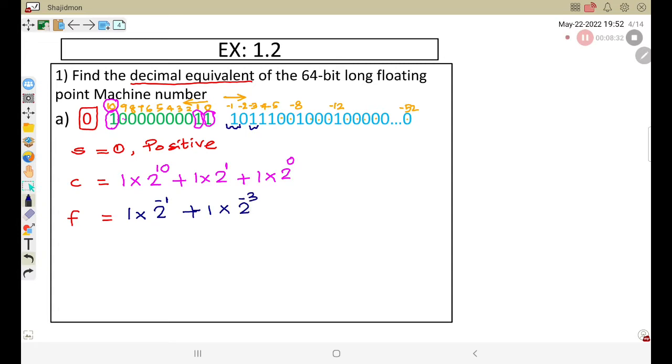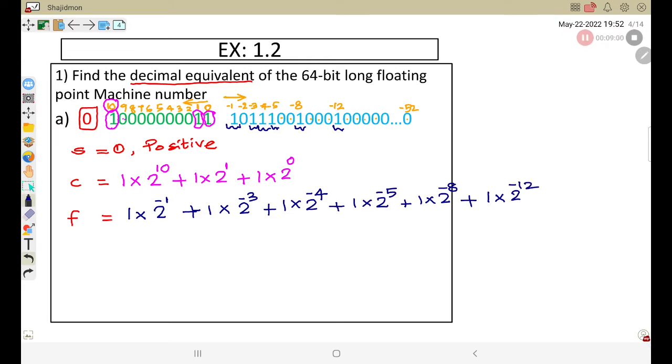Plus next one is here again, 1 multiply 2 power position of the number is minus 4, plus 1 multiply 2 power minus 5th position here, then minus 8th position, 1 multiply 2 power minus 8, plus here minus 12th position, 1 multiply 2 power minus 12.